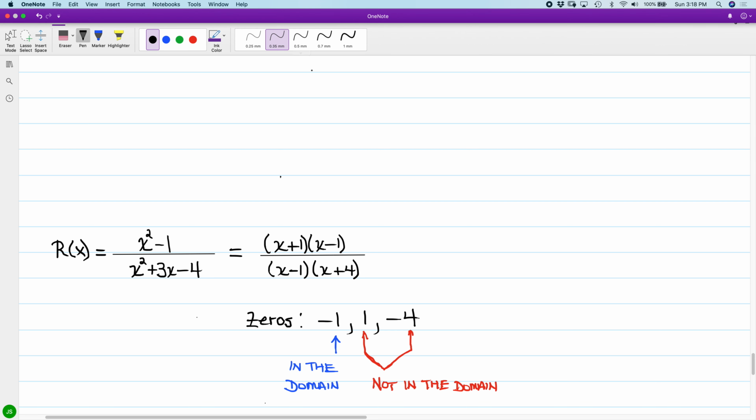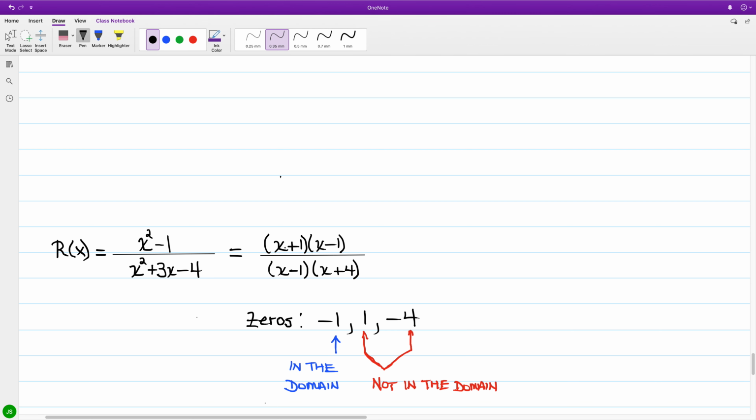In the numerator we have a difference of squares, which factors as the quantity x plus 1 times the quantity x minus 1. Upon factoring the denominator, I come out to the quantity x minus 1 times the quantity x plus 4. From x plus 1, if I set this equal to 0, I have x is equal to negative 1.